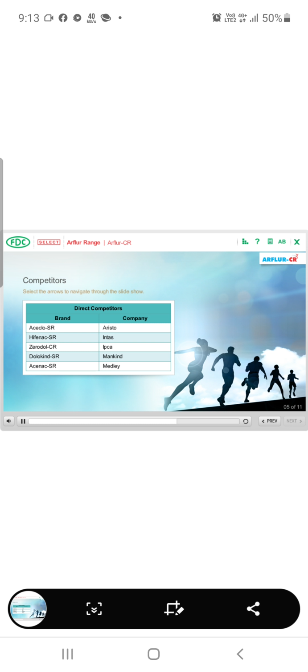Here are the direct and indirect competitors of Arflur CR. Select the arrows to navigate through the slideshow.